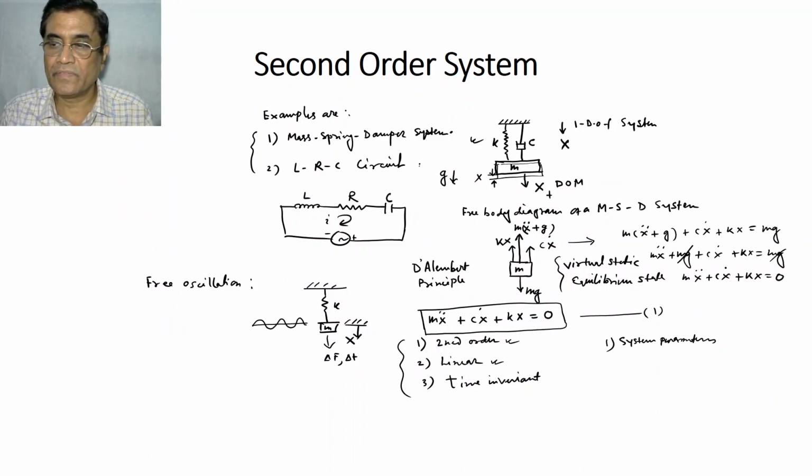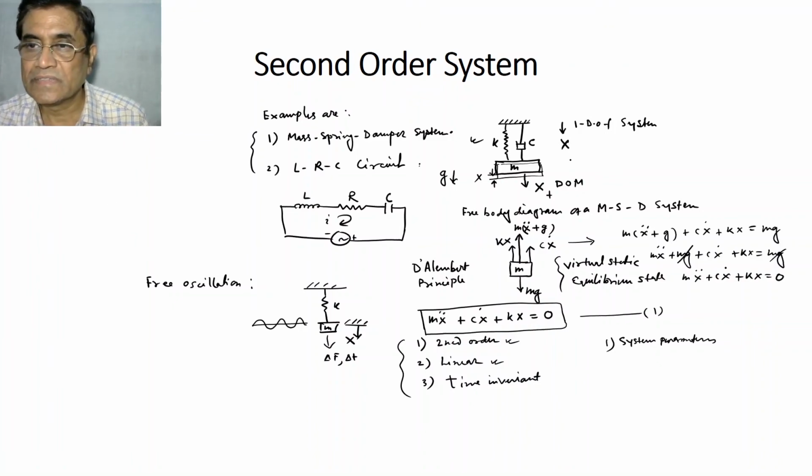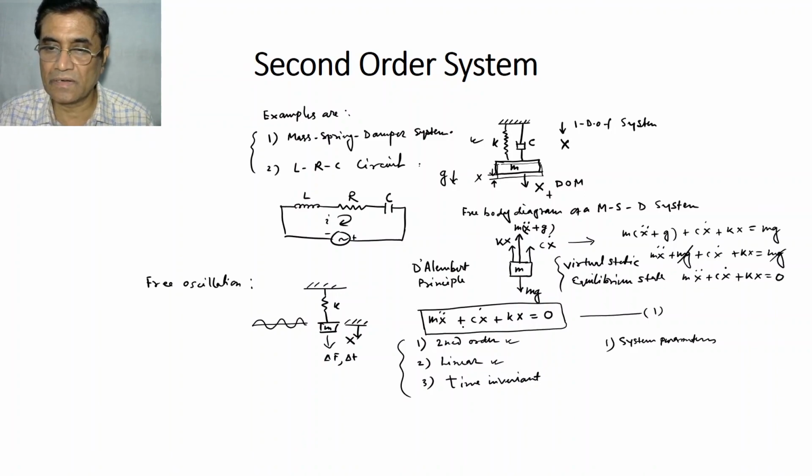So today you have learned what a second order system is, what a mass spring damper system is, how it can be modeled by a differential equation, and what the characterization of this differential equation is. It is second order, linear, time invariant. And then, how to solve this kind of second order linear differential equation is of our interest.